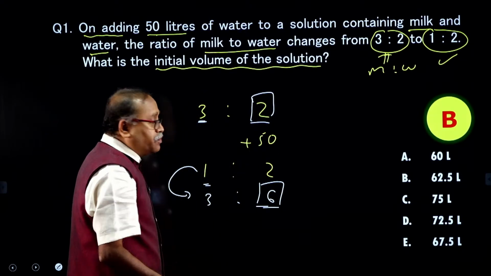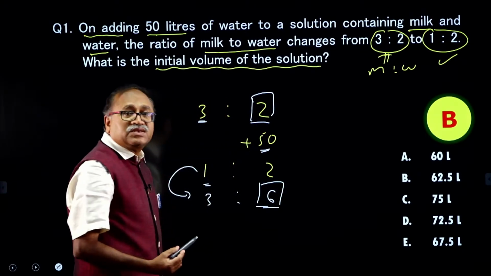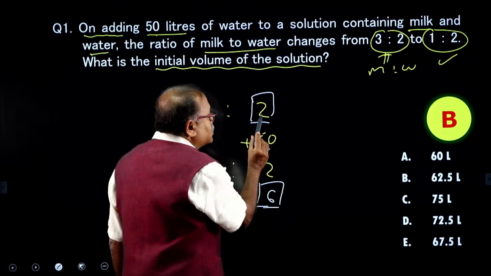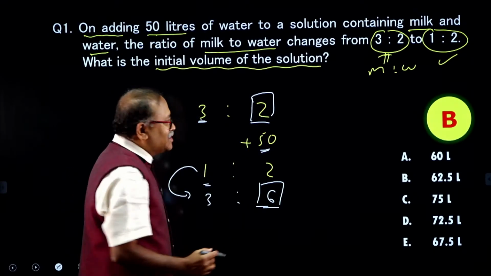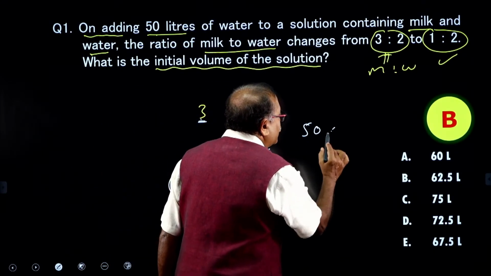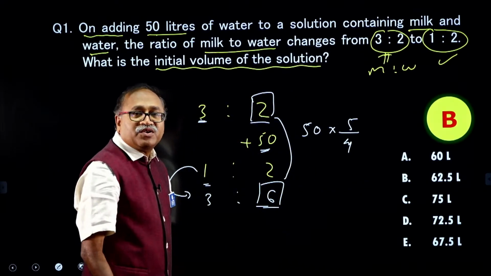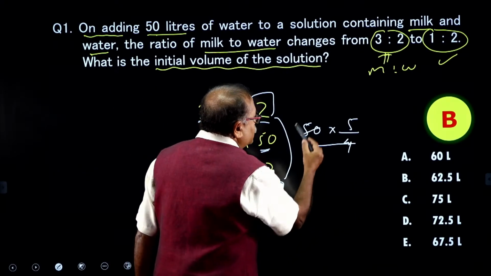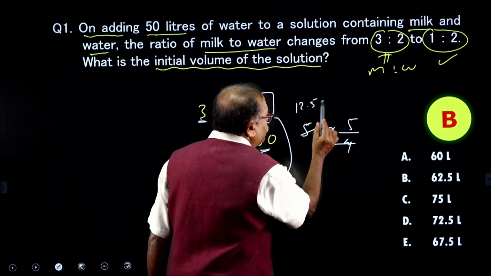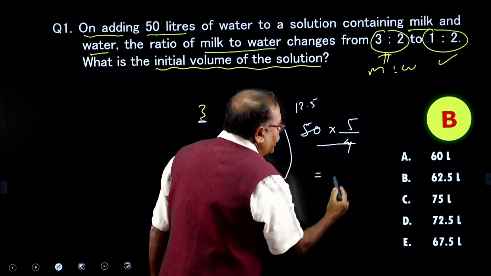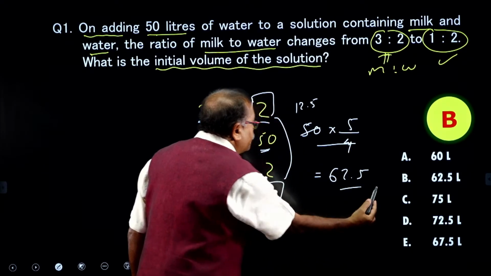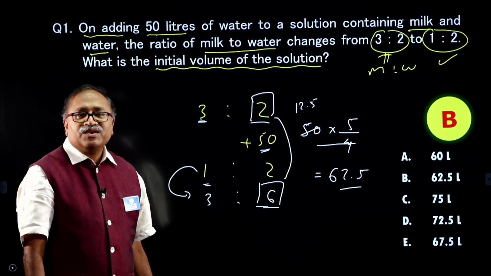How many parts? 4 parts, and the 4 parts represent 50. Then the total here, 5 parts, will represent how much? So, 50 is for 4 parts, so one part will be 12.5, and 12.5 into 5 comes to 62.5.